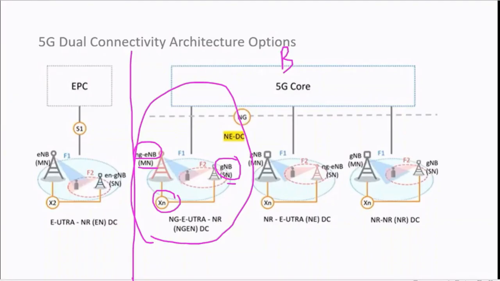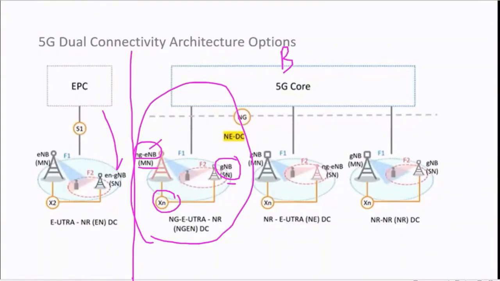So here you can see the term NG E node B. So here the E node B has to speak 5G protocols. All right. So in the previous case, we made the G node B backwards compatible with the 4G. But in this case, we are going to make the E node B forward compatible with the 5G protocols.